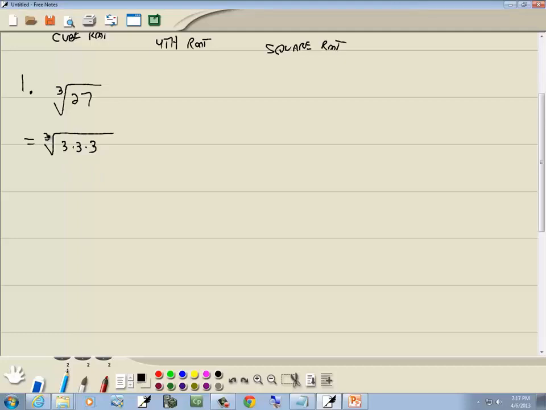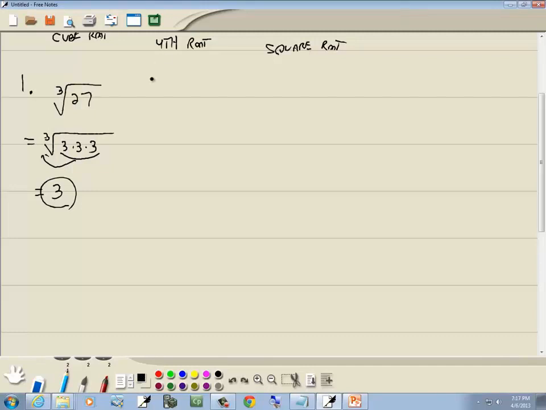What that means is we're looking for a set of 3 of something. Well, here we have 3 3s. So 3 3s are going to come out in front of our radical as a single 3. So again, the index tells us how many we're looking for, and then after you find that many, you bring it out, and it comes out as a single one of them. And that's our answer.